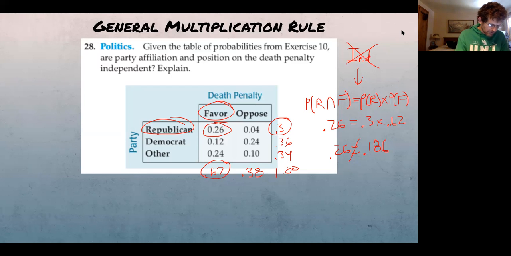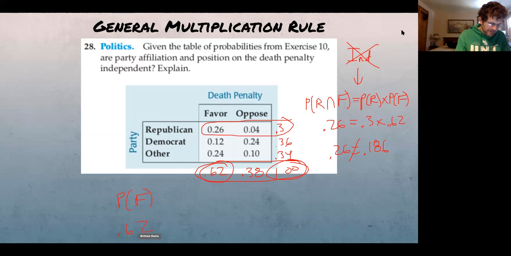So I could look at this a different way. Let me just show you one last thing, and then I'll show you your homework. If I look at the probability of this row and then the total, the probability of being in favor of this is 0.62, right? So that's 0.62 out of 1. So the probability of being in favor is 0.62.